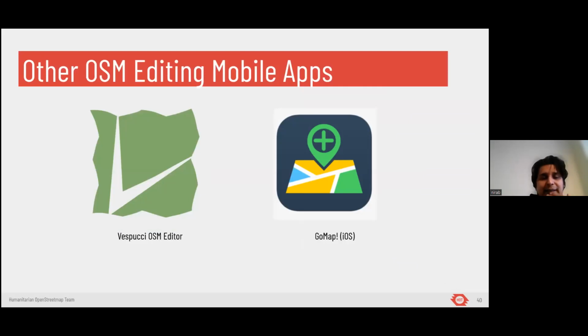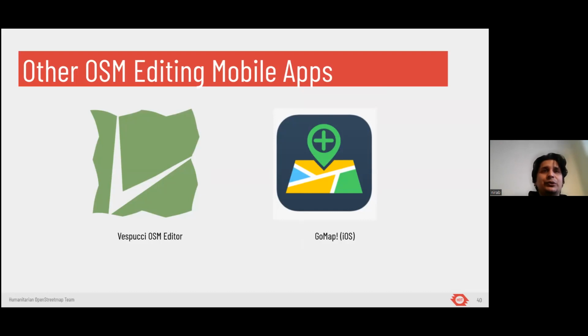So that's it. Besides this, there are a few other notable applications as well. A lot of these applications allow you to only work with either attribute data or points.